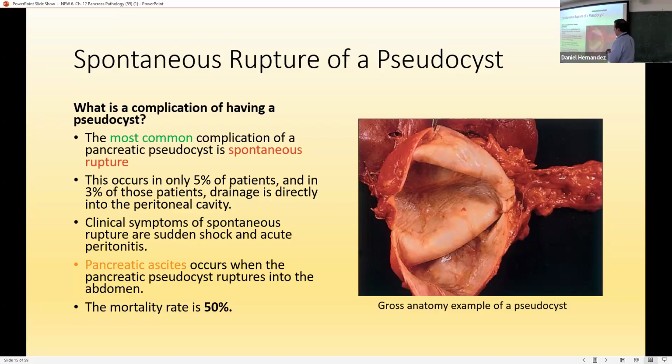When it ruptures, it releases those digestive enzymes, and it's also an encapsulated abscess, so there's an infectious process as well. It releases all that into the peritoneum, the peritoneum becomes infected, and the patients wind up with peritonitis. That could lead to shock in the patient.